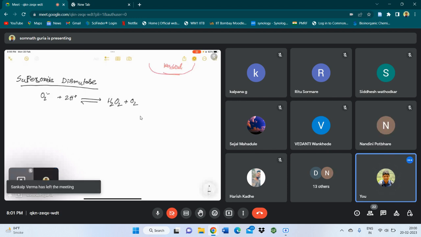So for that transformation, different kinds of enzymes have been found in nature. One is the zinc copper superoxide dismutase, zinc copper SOD.